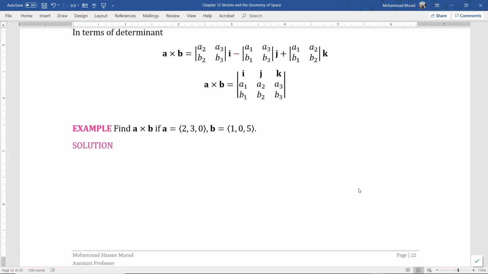In terms of determinants, we can also write the components of the vector A cross B in this particular form. If you remember, the determinant of the matrix with rows A2, A3 and B2, B3 equals A2 B3 minus A3 B2, which is just the first component.